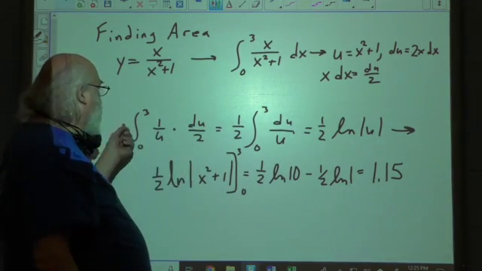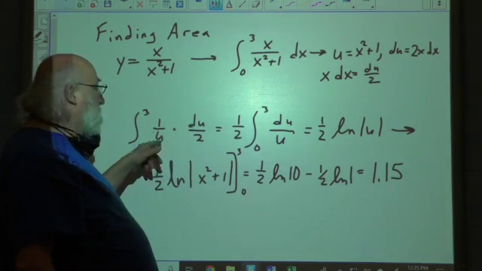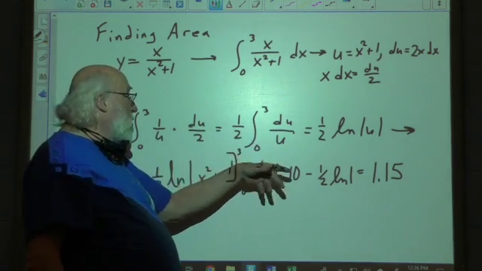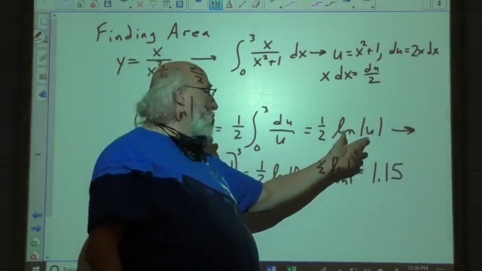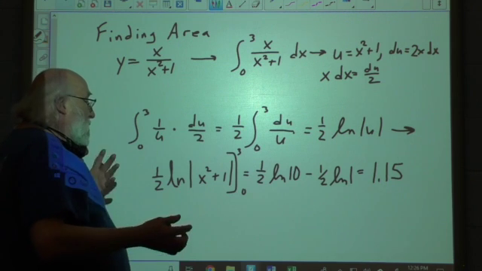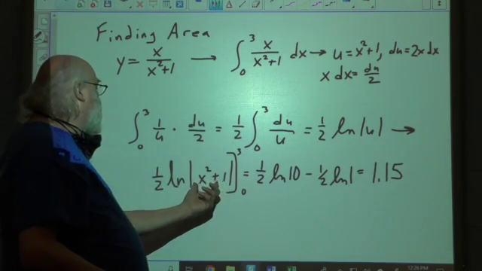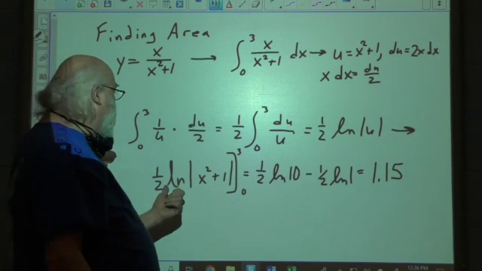I take that 1/2 and put it out because it's a constant, and this gives us du over u, or u prime over u, and that's going to give you 1/2 the natural log of u. Well, u is x squared plus 1. We put that in the absolute value symbols right there, and so it's a substitution there.